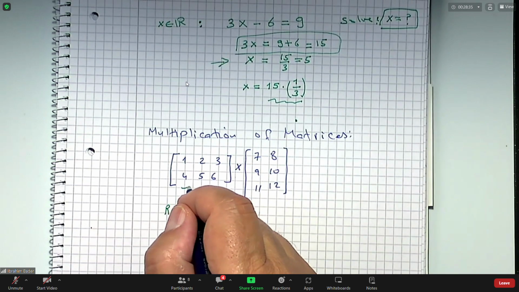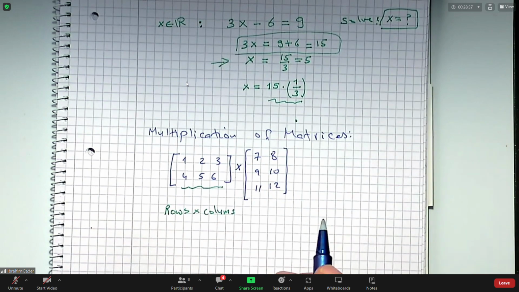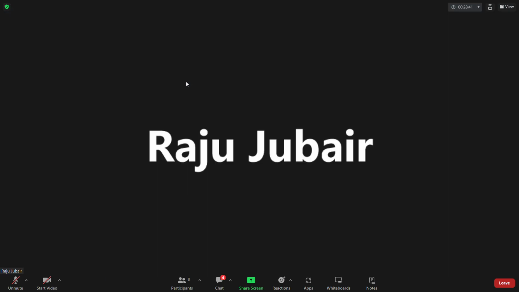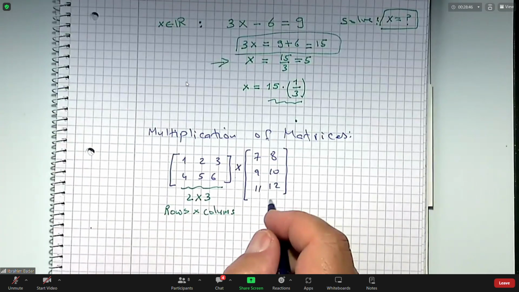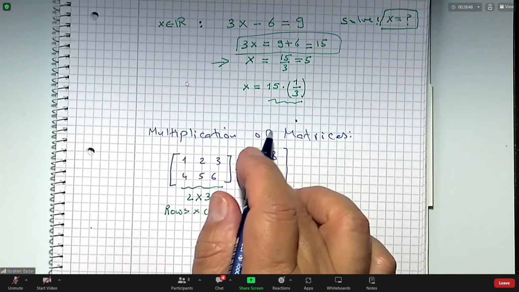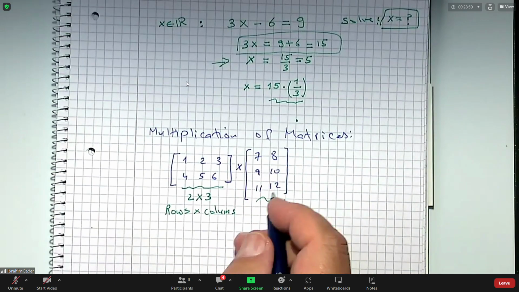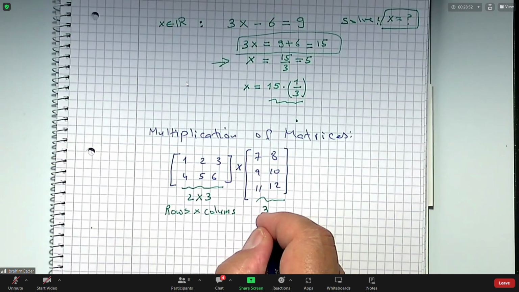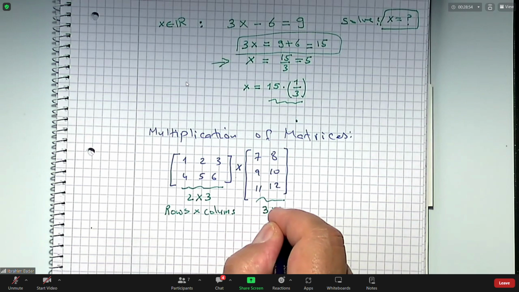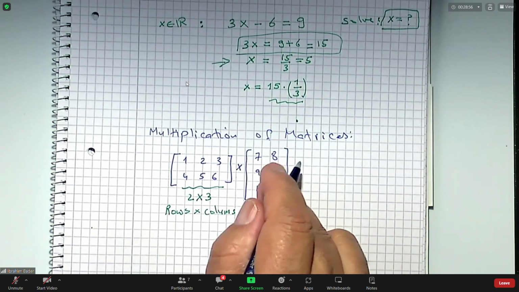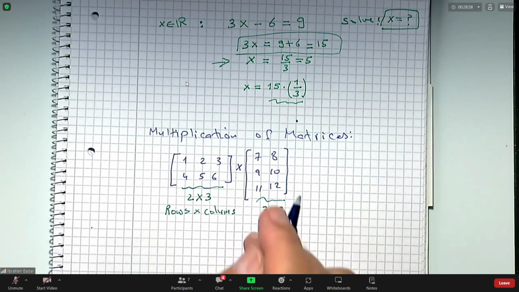How many rows do I have here? It's 2 by 3, right? This one, 1, 2, 3, so it's 3 by 2: 3 rows, 2 columns.